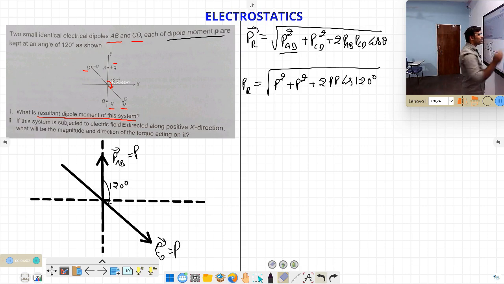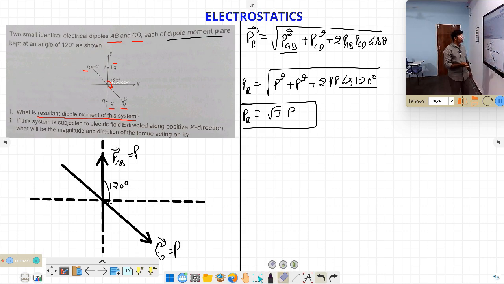Look at the diagram, 120 degrees is the angle between these two. Cos 120 is minus 1 by 2, the 2 cancels, and we get root 3 P. So root 3 P is the resultant dipole moment of the system of two dipoles separated by a certain angle.